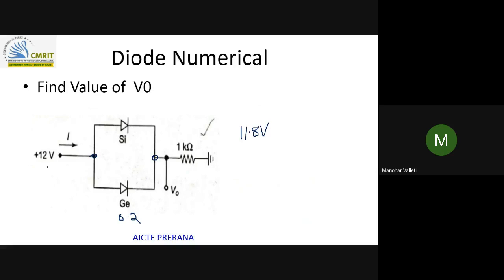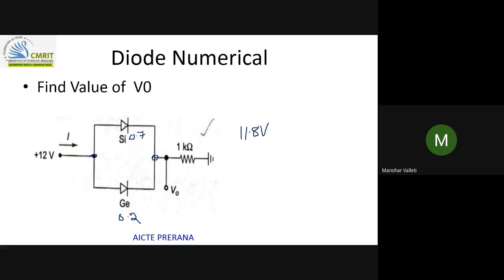Because both diodes are connected to the plus of the battery, but as these two diodes are in parallel, the silicon diode won't get sufficient cut-in voltage, because the cut-in voltage of this is 0.7 and of this is 0.2. Once the voltage keeps increasing and the germanium diode comes into conduction, it won't allow the silicon diode to conduct.